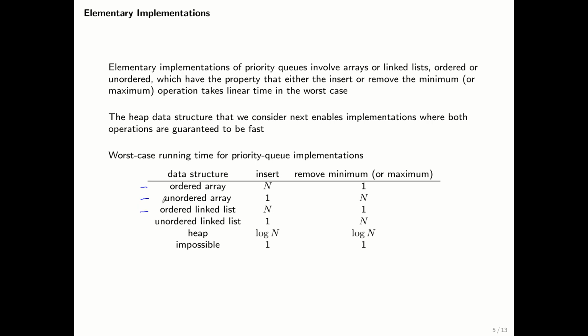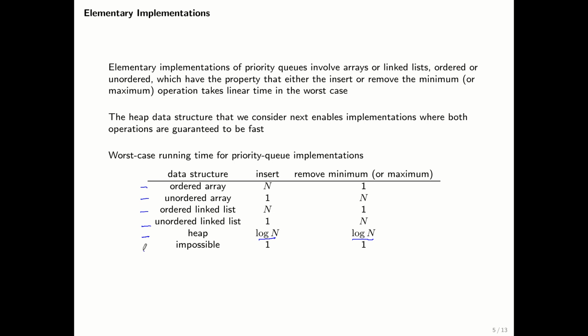In the case of an ordered linked list, insert is linear, but remove the minimum is constant. In the case of an unordered linked list, insert is constant, whereas remove the minimum is a linear time operation. And with heap, which is what we're going to use to implement the priority queue API, it turns out that both insert and remove the minimum or maximum are logarithmic operations, right? So that's very efficient.